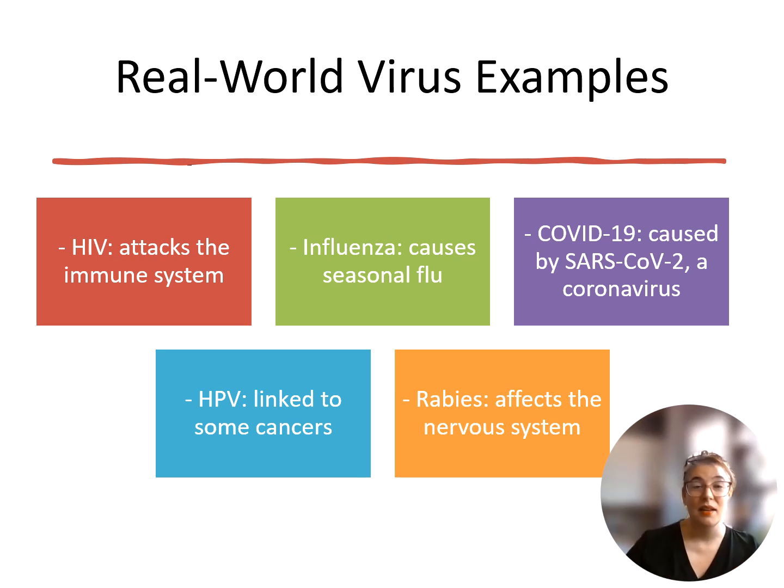All right, so now let's talk about some real world virus examples. We have HIV, and this attacks the immune system. It targets your helper T cells. We have influenza that causes your seasonal flus. A lot of people tend to get vaccinated against it, and in your vaccinations for influenza, they tend to have 2 or 3 types or versions of influenza, and in science or your doctors, you might hear of like flu A or flu B. So there's different types of flu that can be tested for and also vaccinated against.